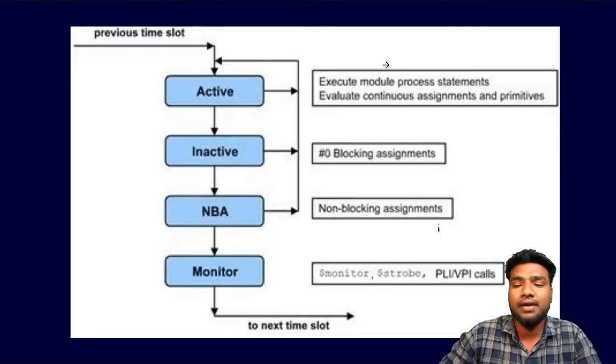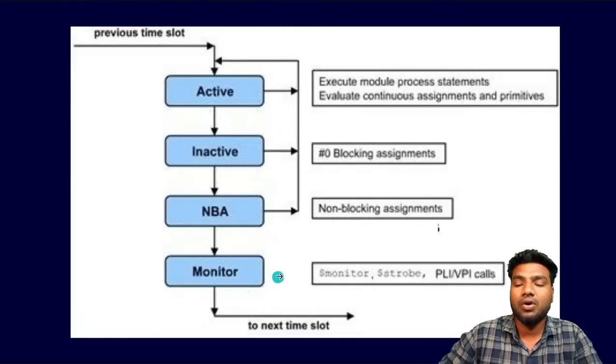If you are using the blocking assignment, it will assign RHS to LHS in the active region. In the inactive region, it will do the delay process. In the NBA region, if you are using the non-blocking assignments, the RHS is already computed in the active region. From this NBA region only, it will assign to the LHS. This is the main thing in NBA, the non-blocking assignment.